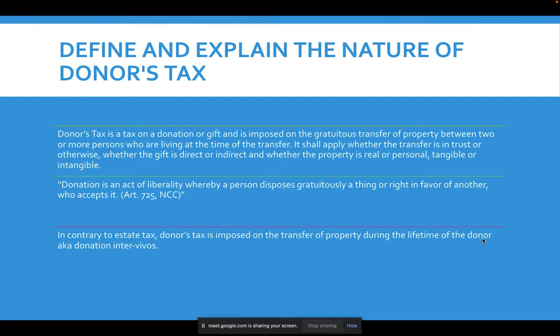Okay. So, pag-usapan natin, of course, the nature of donor's tax at i-define natin siya. So, donor's tax is a tax on a donation or gift and is imposed on the gratuitous transfer of property between two or more persons who are living at the time of the transfer.